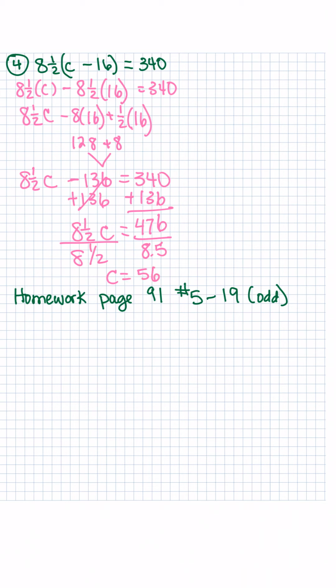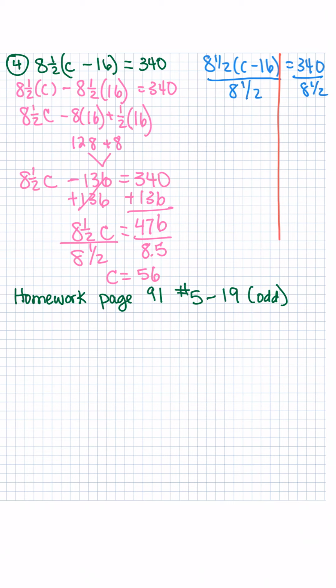So there is more than one way to work this. Right now, let's look at this again. If we had 8.5 C minus 16 equals 340. This is already pulled out. 8.5 is pulled out. So what if we didn't distribute it? And we just divide by 8.5, both sides. I did start doing the train tracks with you guys.